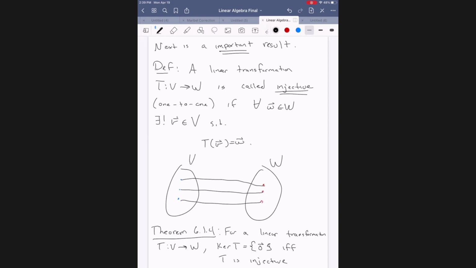And even more powerful is if it's injective and V and W are finite dimensional vector spaces, it immediately implies that it's surjective as well. So for functions, when could you find the inverse of a function? Could you always do it?